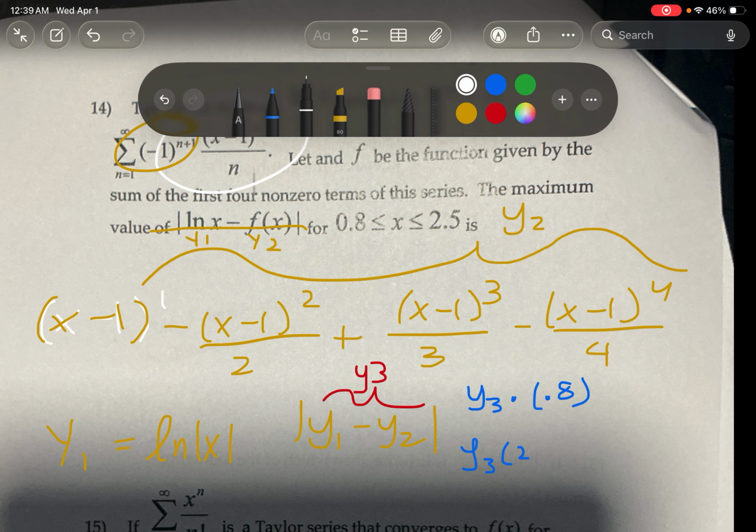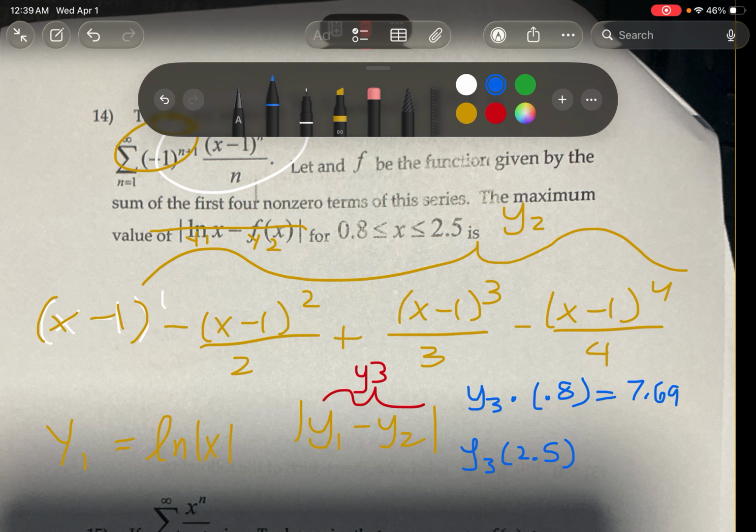And remember that we're going to be looking for the maximum value, so we're going to look for the greatest number. So this answer is going to be 7.69 times 10 to the negative 5.